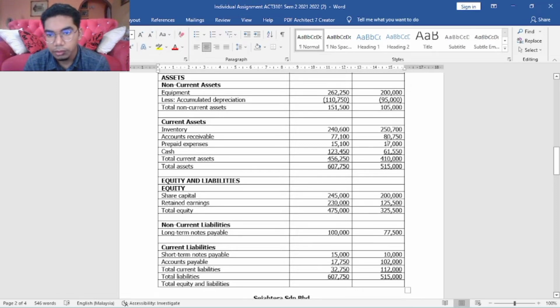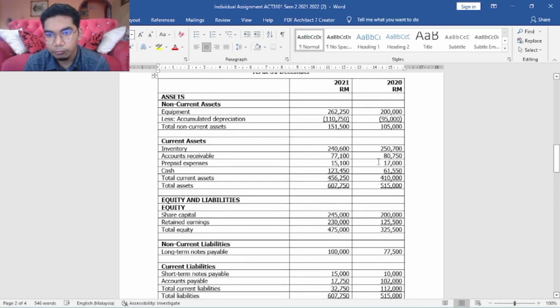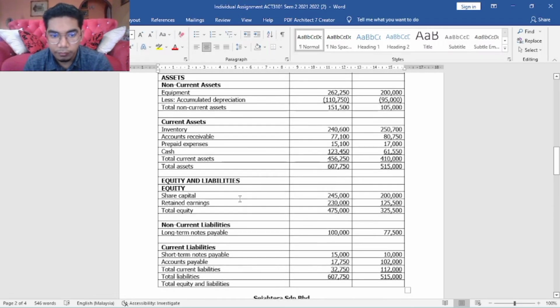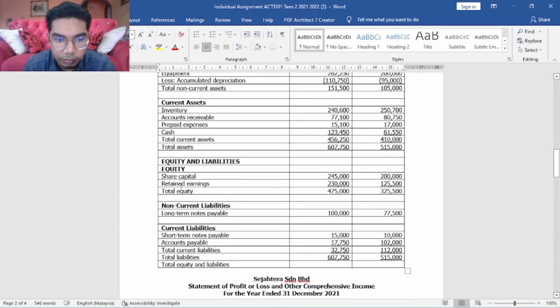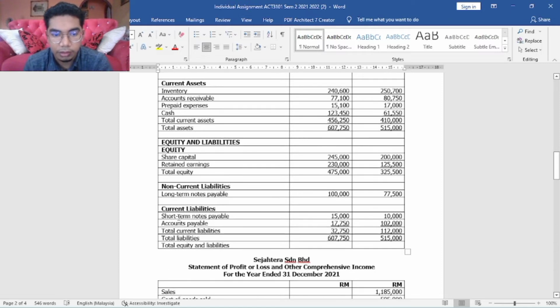Account receivable, the amount of 2020 deduct the amount of 2021. 80,750 deduct 77,100 for account receivable. Prepaid expense 70,000 deduct 15,100. And for account payable, under current liabilities, the same formula, amount 2020 deduct amount 2021.